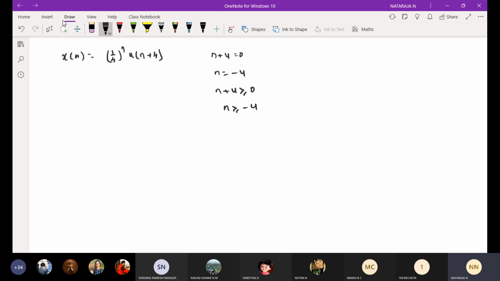So I can take x of e power j omega is equal to summation n is equal to minus infinity to infinity of 1/4 to the power of n u of n plus 4 into e power minus j omega n.